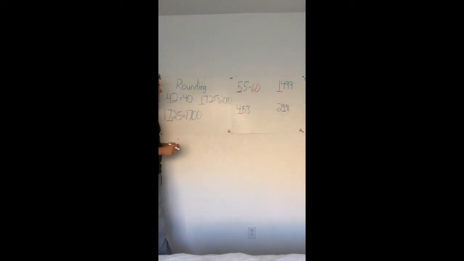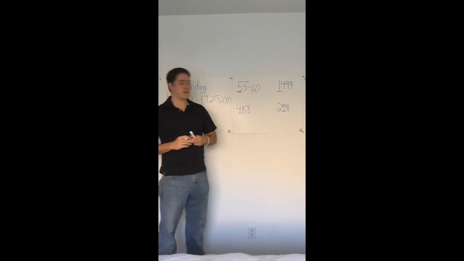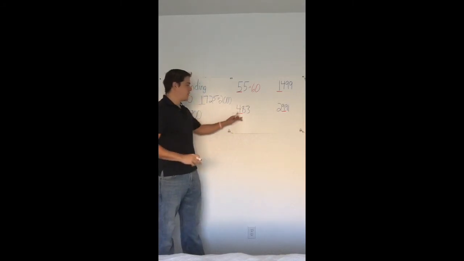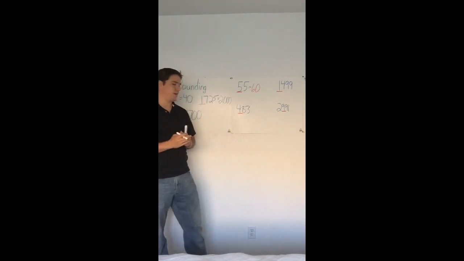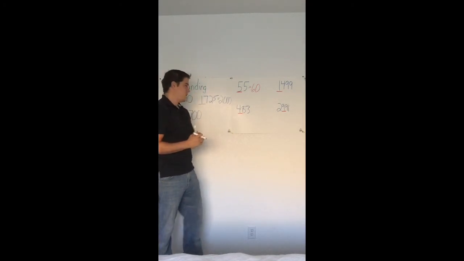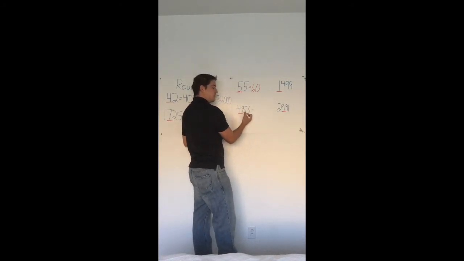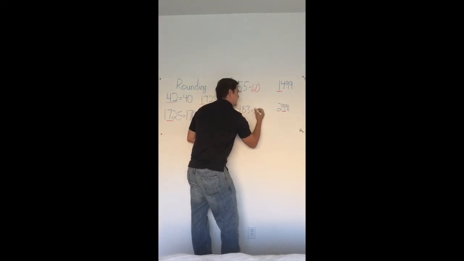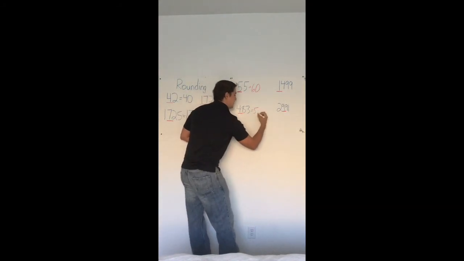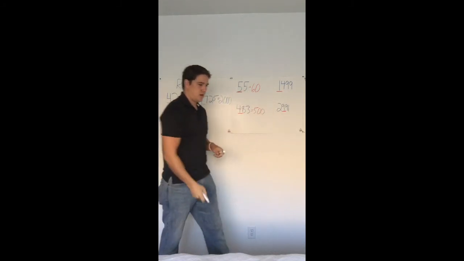All right? And let me see, who else do we have? Jessica? All right, 483. What was it rounded to the hundreds place? Yes, that is correct. You see the 8 is 5 or greater, so you're going to change the 4 to a 5, and then the rest zeros.